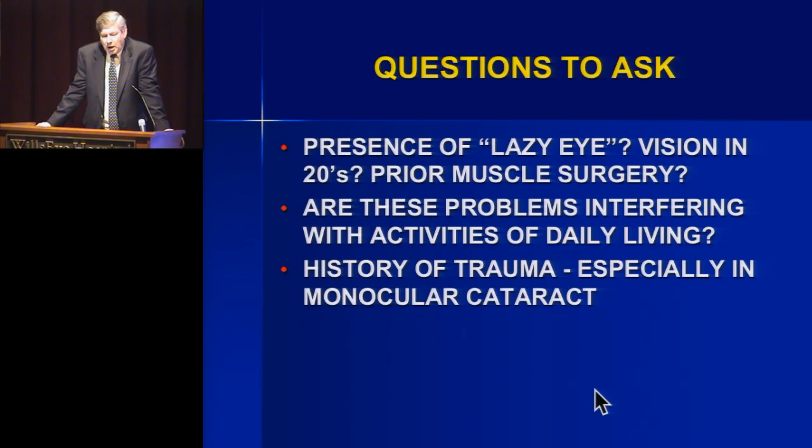Are these problems that they're having interfering with activities of daily living? And why is that important? Well, it's especially important because the insurance companies are going to be paying for this, and they want to make sure there's a good reason why the patient underwent cataract surgery, and you need to document that they're actually having a problem. You want to ask about a history of trauma, especially in a patient who has a monocular cataract.